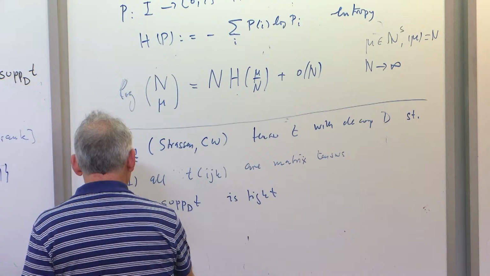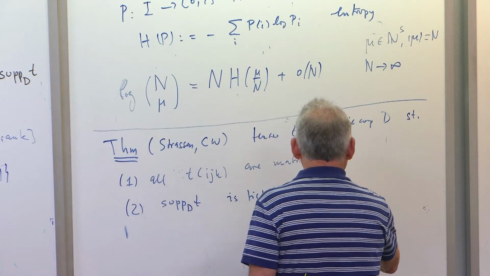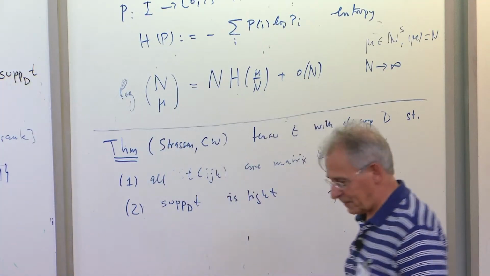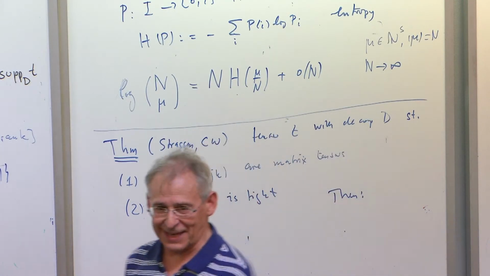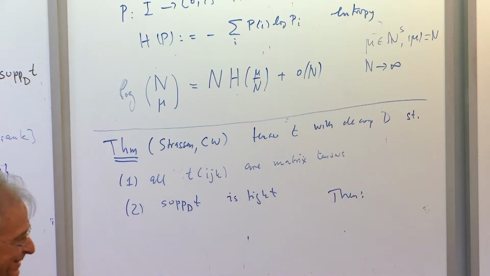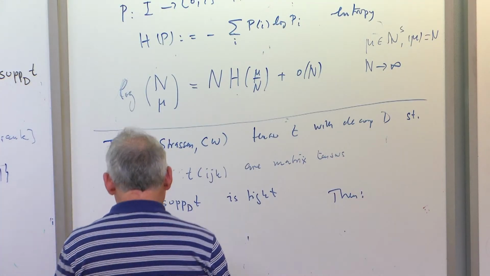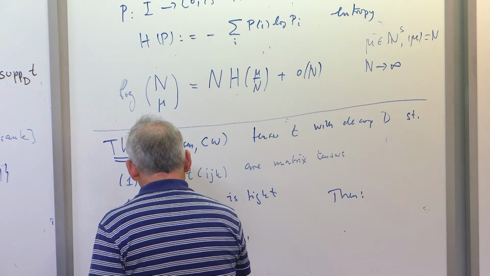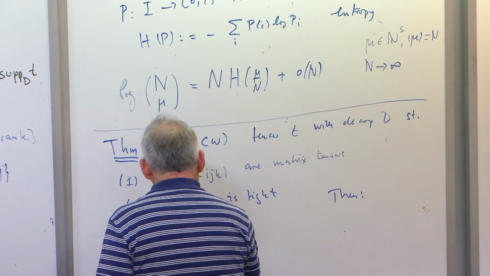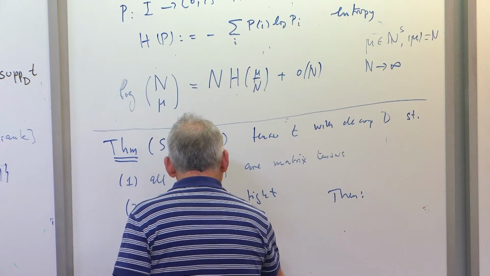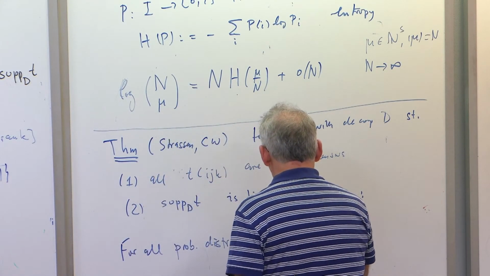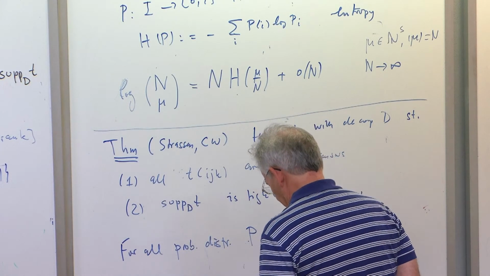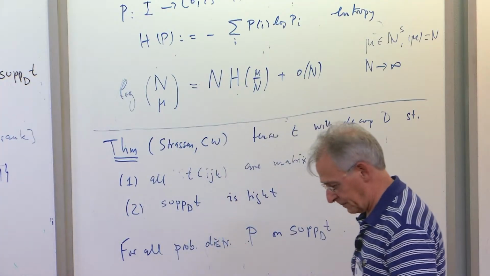Then, I need some space. Now there will be numerical implications, but it's more complicated. For all probability distributions P on the D support of T, we have the following inequality.